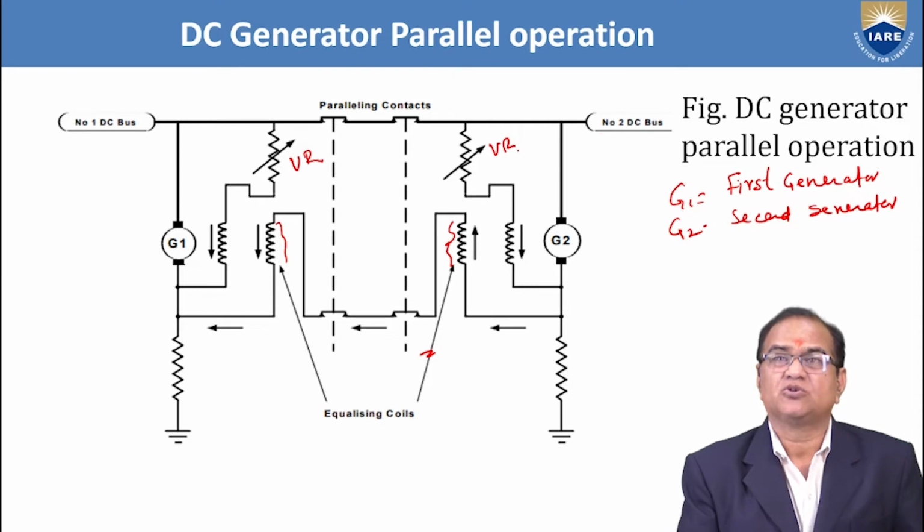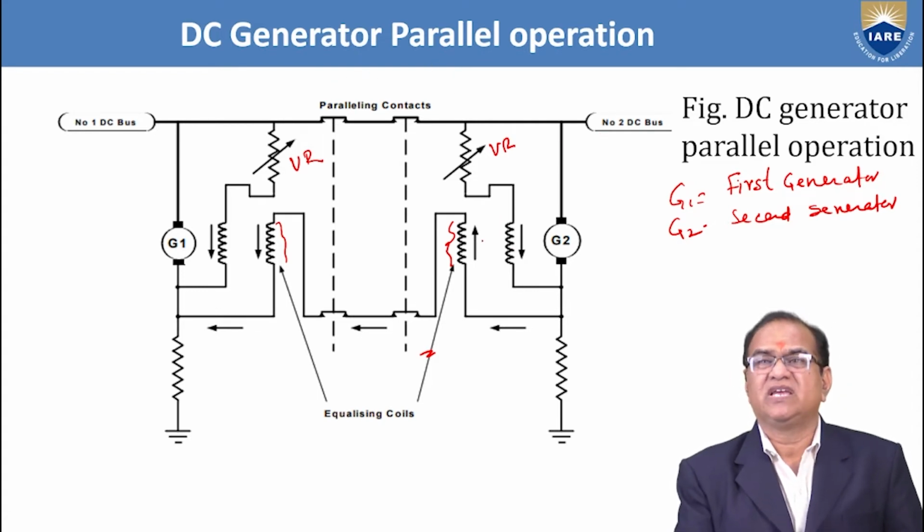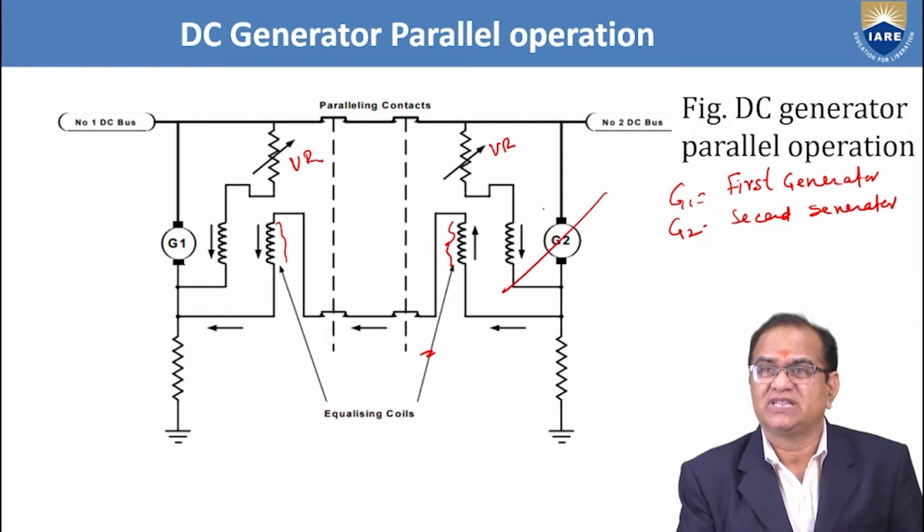So like this, DC generator parallel operation is ensured. If one has failed, suppose this system has failed, then what will happen?